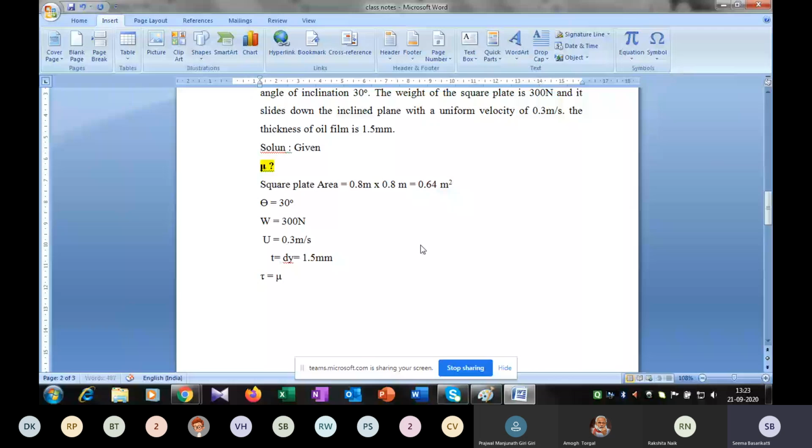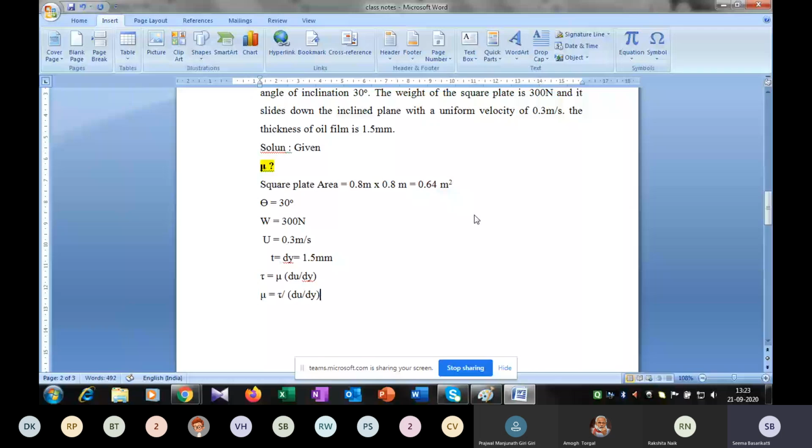What they have asked you to calculate, you need to identify mu here. Therefore, this equation can also be written as mu is equal to tau divided by du by dy.